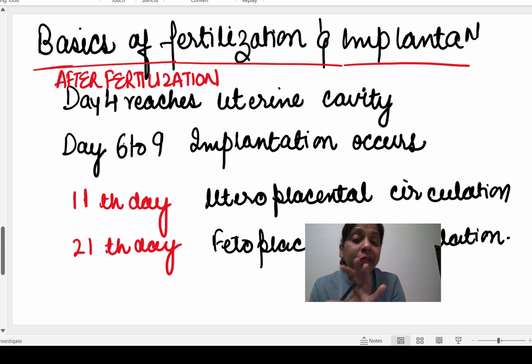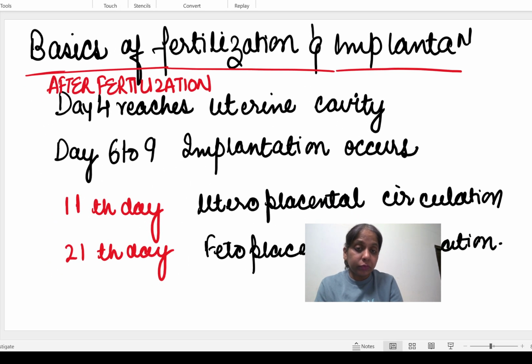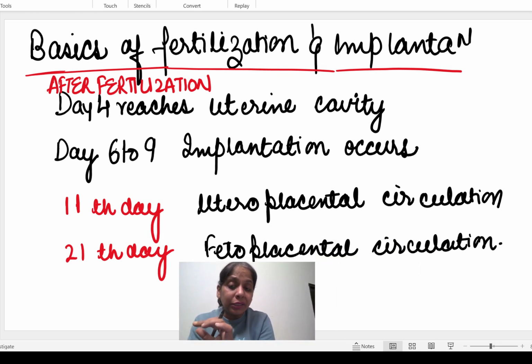And on the 11th day, the uteroplacental circulation is established, and on the 21st day, the fetoplacental circulation is established.